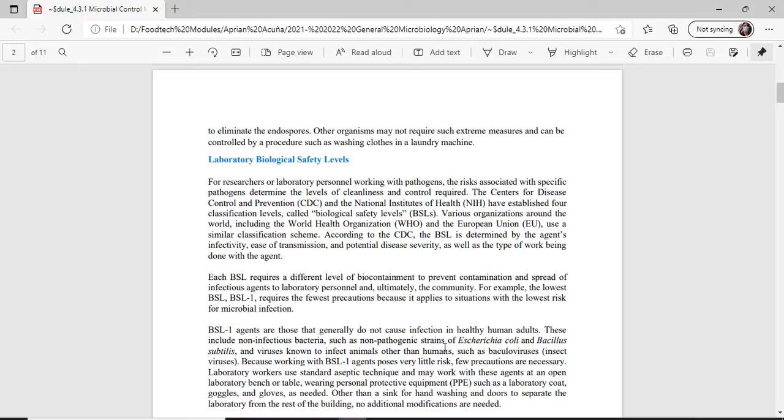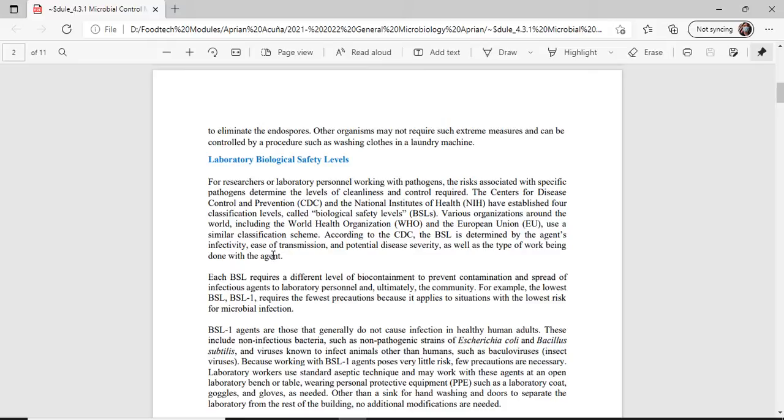Various organizations around the world, including the World Health Organization or WHO and also the European Union, use a similar classification scheme. According to the CDC, the BSL is determined by the agent's infectivity, ease of transmission, and also the potential severity as well as the type of work being done with the agent.